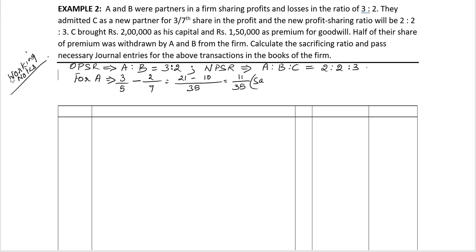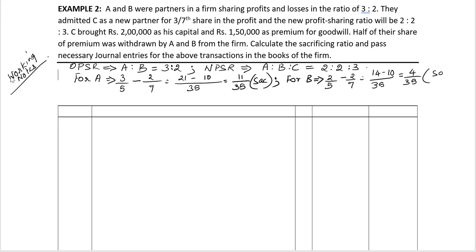A has sacrificed. For B, old share 2/5 minus the new share 2/7, we have a positive 4/35.